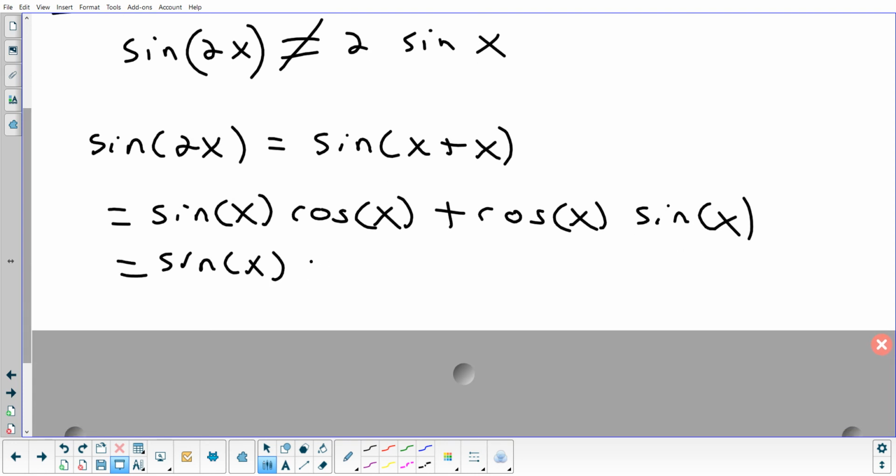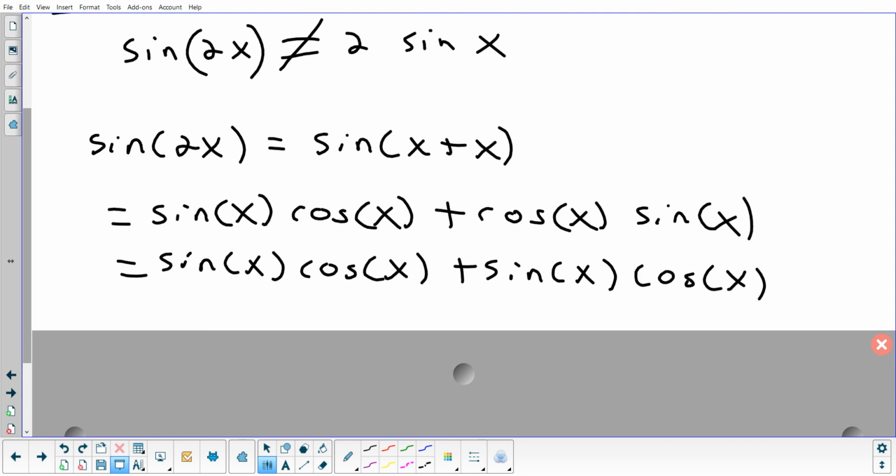Now, think of it like this. When you multiply two things together, and that's what we're doing here, cosine times sine, does it make a difference the order you multiply them? No. It's 5 times 6, 6 times 5. It doesn't matter. So let's just switch that order, because I want you to notice something.